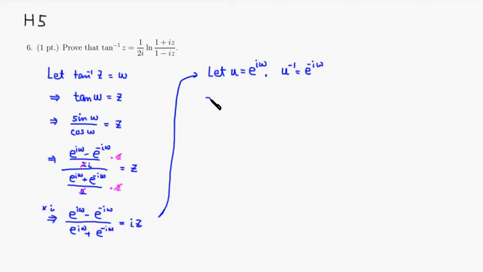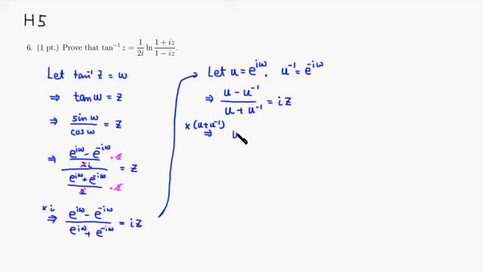So we can rewrite this as u minus u to the negative 1 over u plus u to the negative 1 is equal to iz. Then multiply both sides by u plus u to the negative 1.